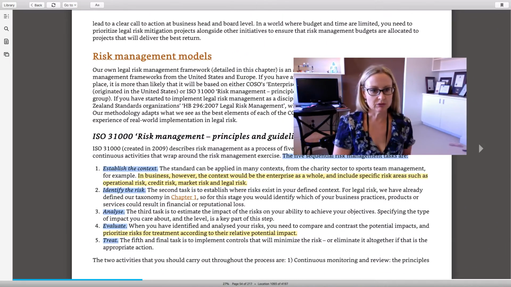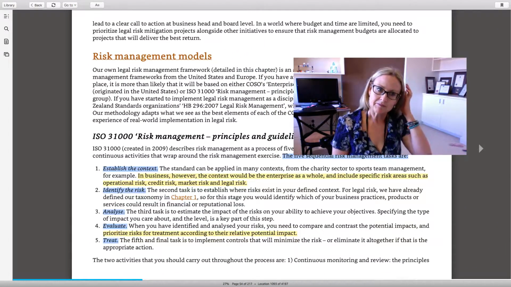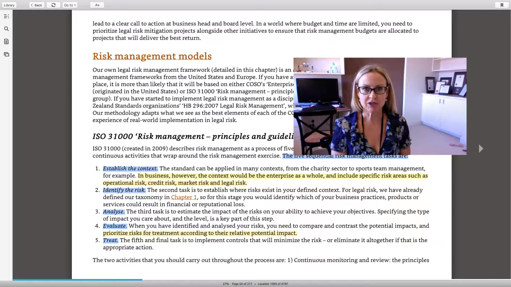Okay, so looking at the text, what the authors do is they first scout around in the marketplace to see what else is out there, what risk management models are out there. And they have a look at ISO 31000, which is a standard that's very widely used. I think it's quite a good, rigorous model, and we'll talk more about that in just a minute.